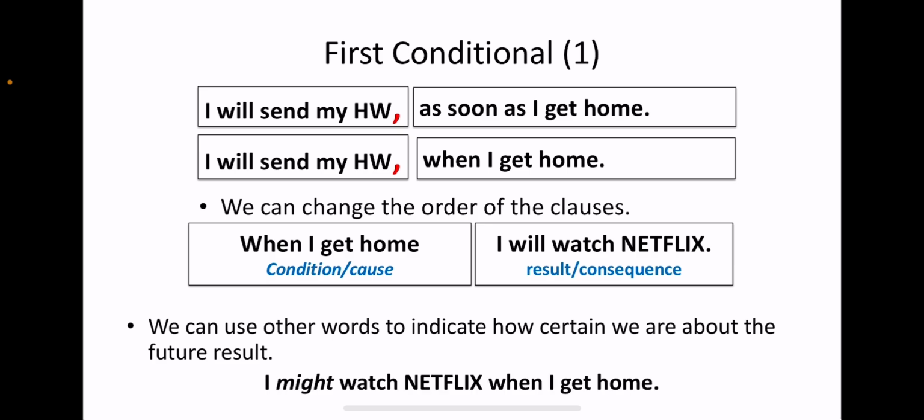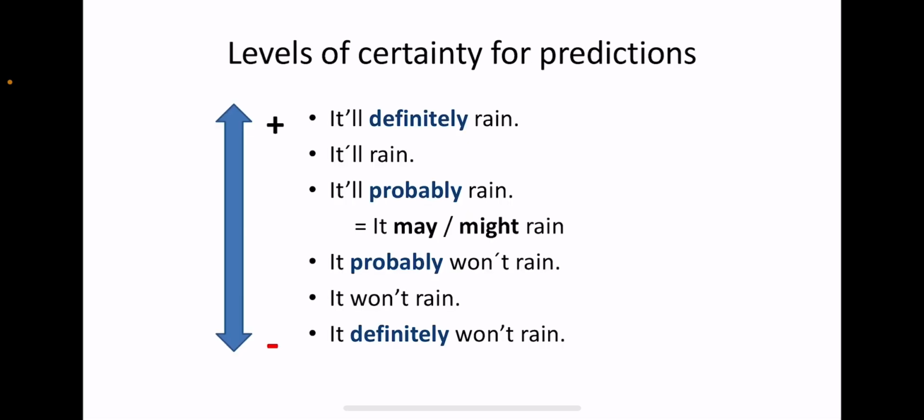But we can use other words, for example, might. Remember that might indicates also possibility, but the certainty or how sure we are about the result is different. So remember that when we use words in English, we can indicate how sure we are about the prediction, and we can go from it will definitely to it definitely won't.